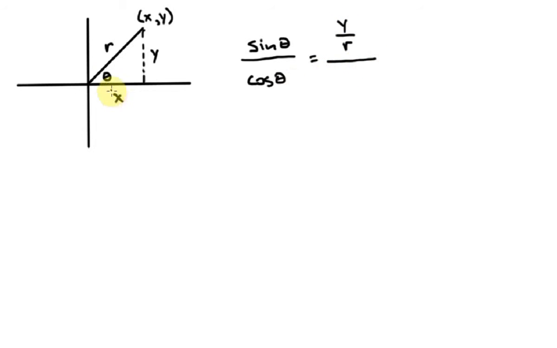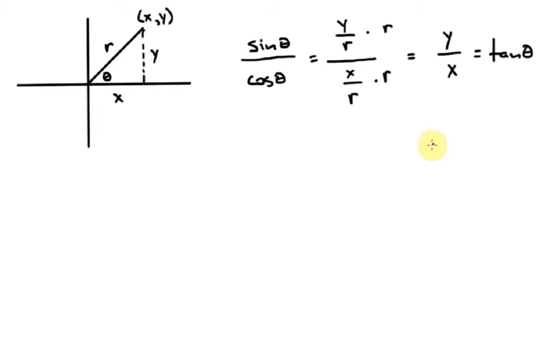And the cosine is the adjacent side, x, divided by hypotenuse, which is r. So, hey, let's clean this complex fraction up. Let's multiply the top and bottom by r and see what we get. Well, the r's cancel and you have y over x. Hey, looking at this, what is y over x? By golly, it is the tangent of theta.